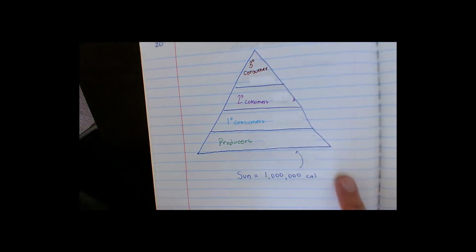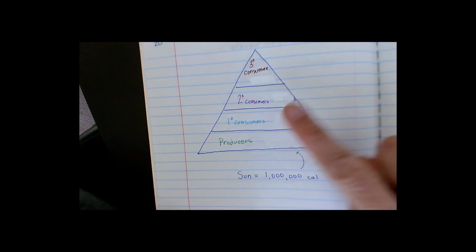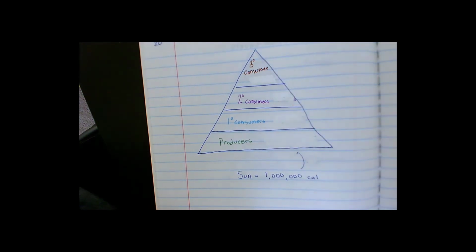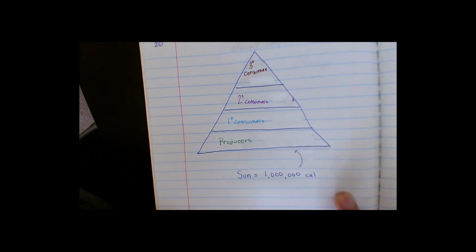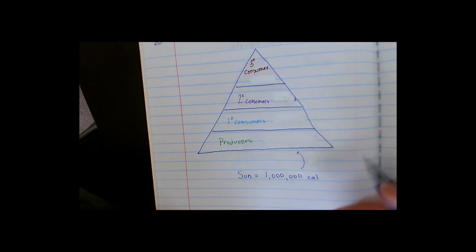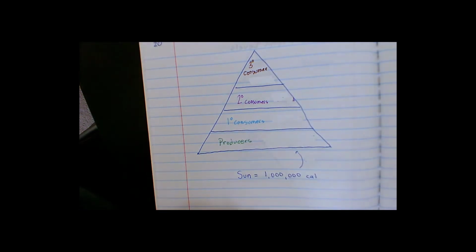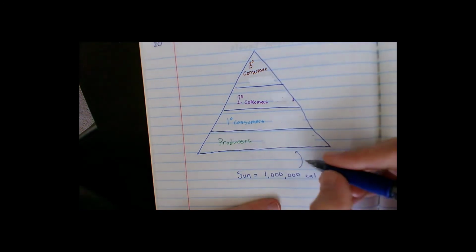So once you have your pyramid set up, labeled with producers, primary consumers, secondary consumers, tertiary consumers, let's figure out how much energy is available. And so we're going to start off with the sun having 1 million calories. Now we know that producers are only able to harness 1% of the sun's energy.